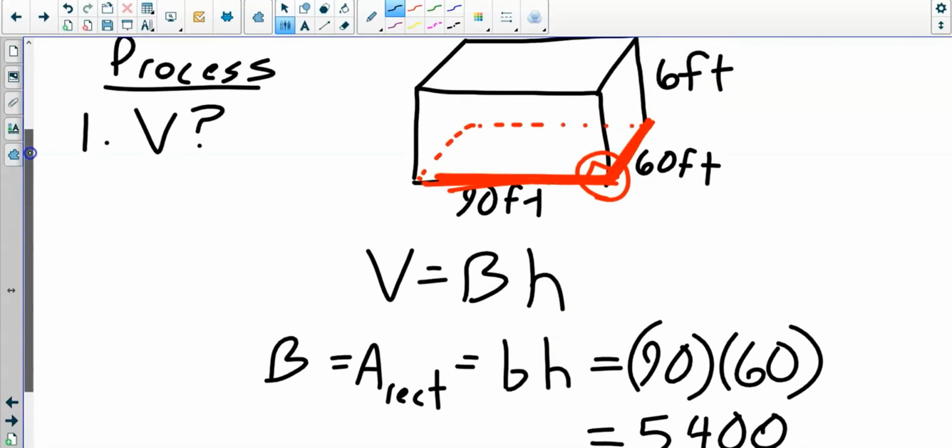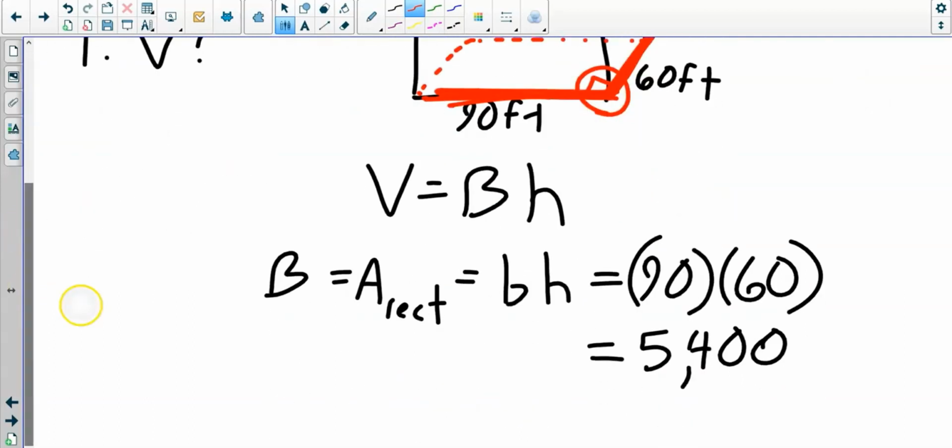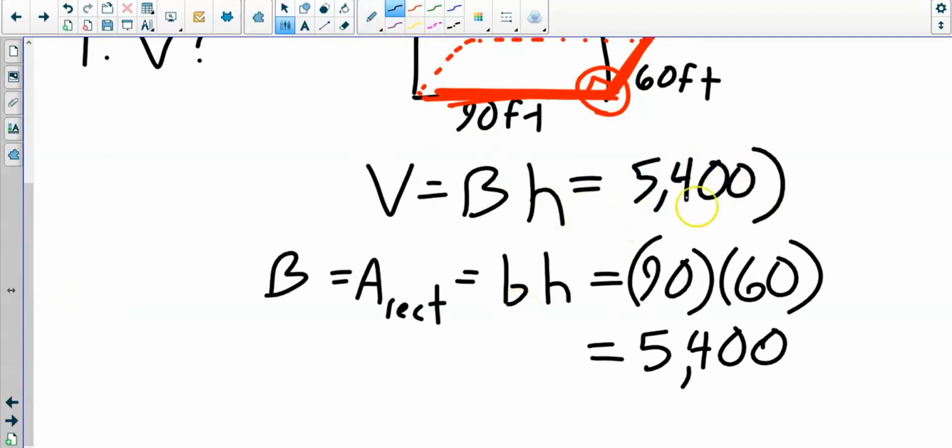This number that is right here is the other h. It is the height of the three-dimensional shape. So what we need to do now is take our big B, which is 5,400, and multiply that by 6.